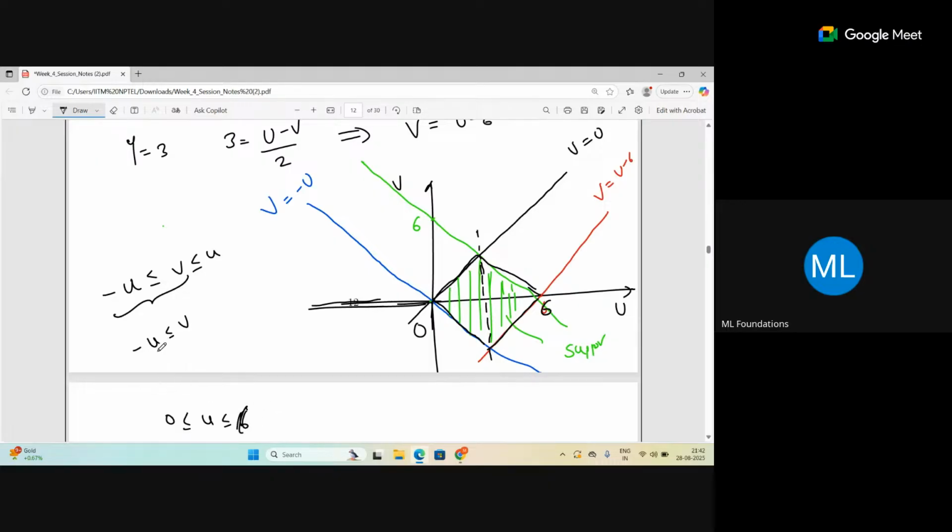Fine. So if this is there, it is saying that v is greater than or equal to minus u. What does that mean between 0 to 6? As I move from 0 to 6 here, it should be greater than or equal to minus u. Which part is it actually indicating here?